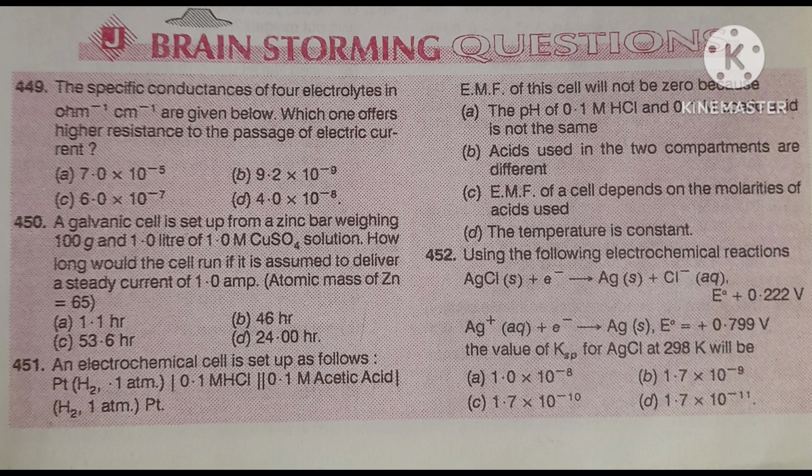To get the solubility product constant KSP, you require one reaction: Ag plus plus Cl minus gives AgCl. You have to obtain this reaction by using the given two reactions.